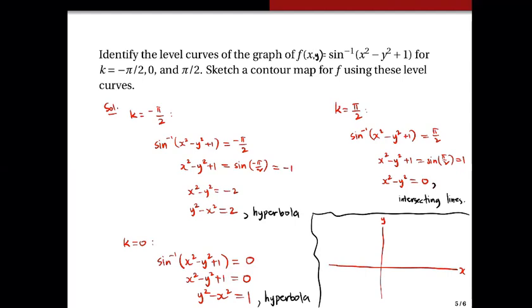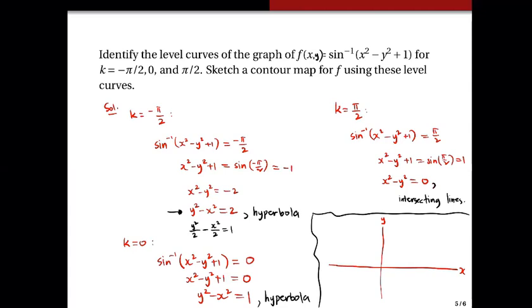Let me use black for the graph of this. Okay, y squared minus x squared equals 2. So in here we can rewrite this as y squared over square root of 2 quantity squared, or let me put 2 here, minus x squared over 2 here. This is equal to 1.